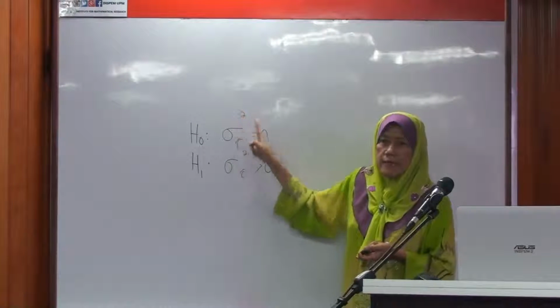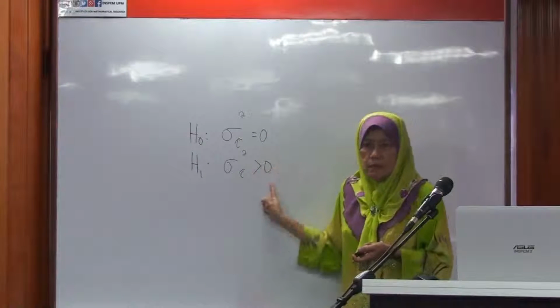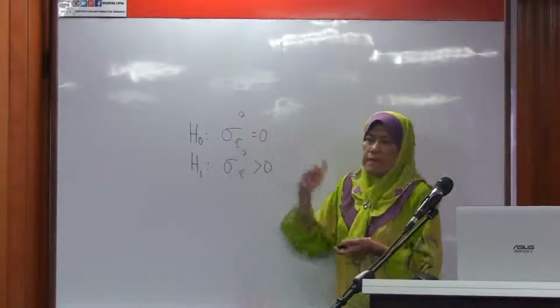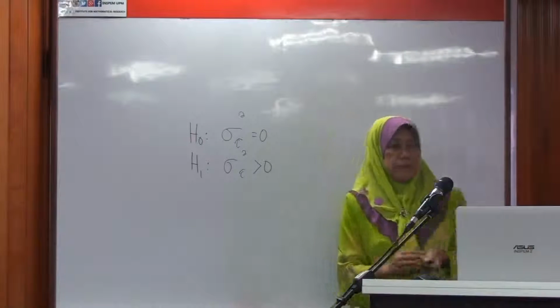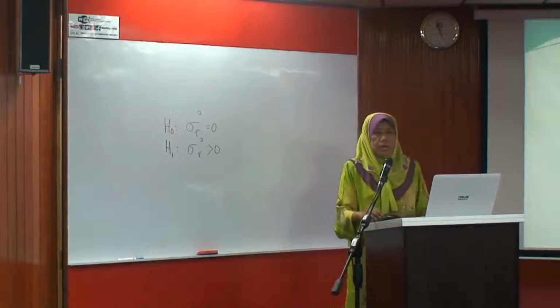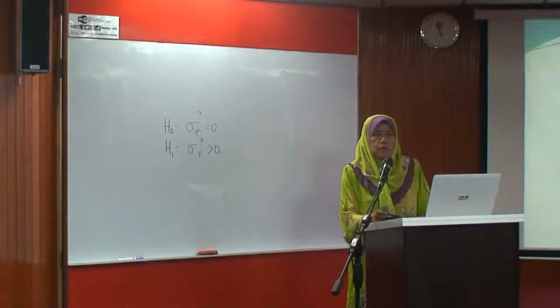Sigma squared tau equal to 0 and sigma squared tau greater than 0. I test the variability denoted as sigma, not mu. Okay. So I hope by now you should know how to differentiate between the fixed effect and random effect model.